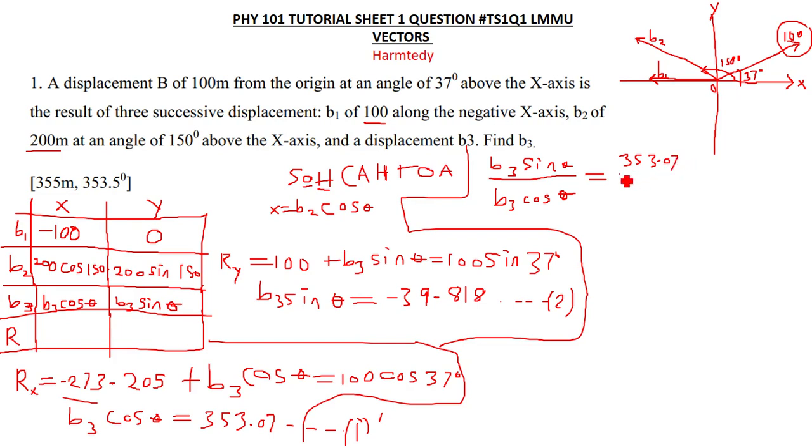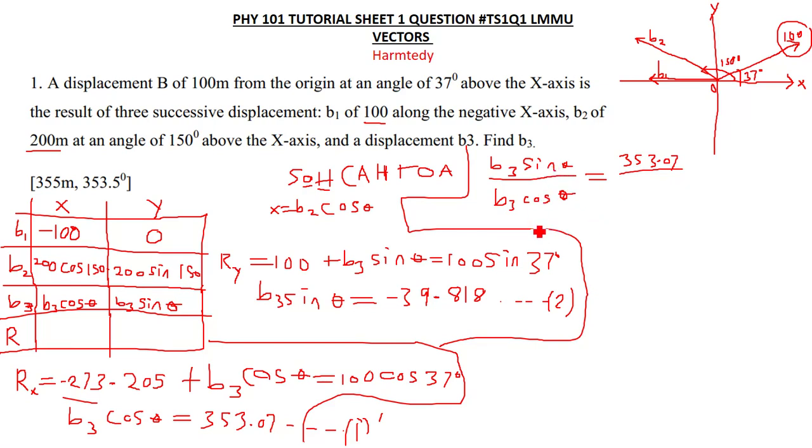If you don't want to divide the way I'm doing, you can just solve them the normal way you solve simultaneous equations, where you make at least one of those the subject. You make either b3 or sine theta or cos theta the subject, and then you find the required angles. For me this is the simplest method.